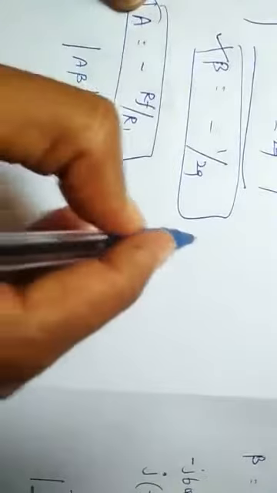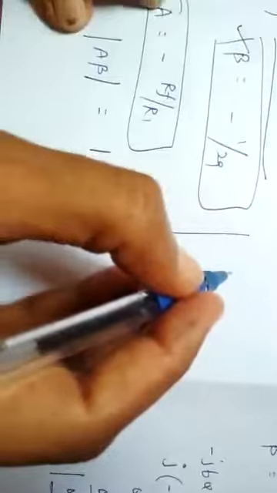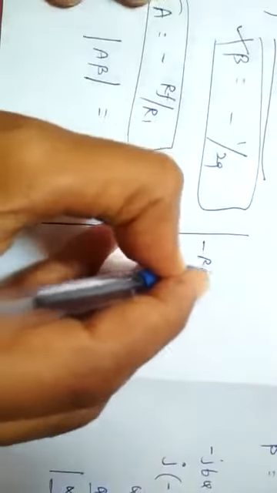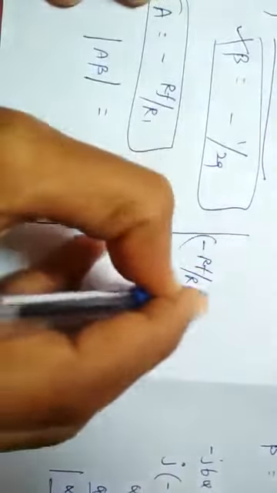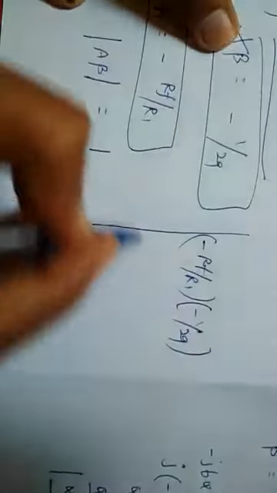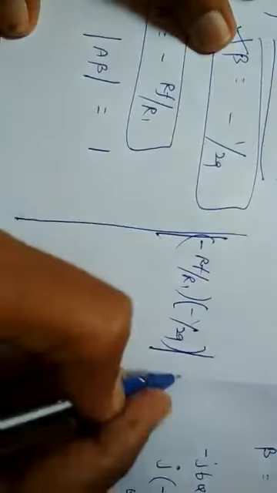Here A equals minus RF by R1, into beta equals minus 1 by 29, and if you put modulus, this must be equal to 1.